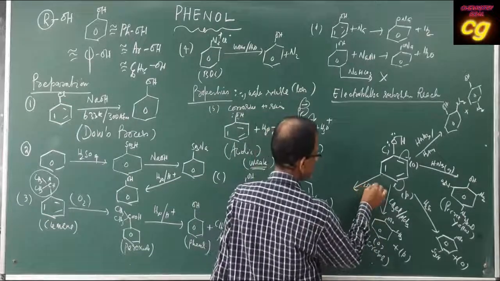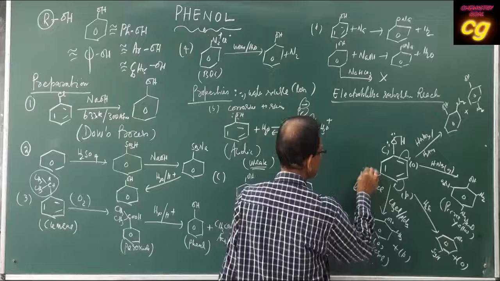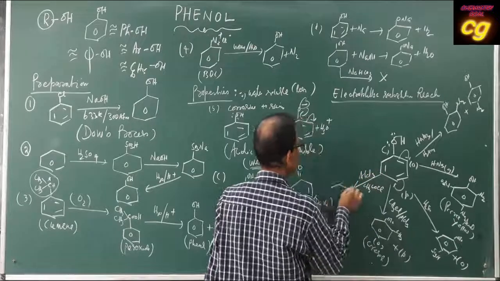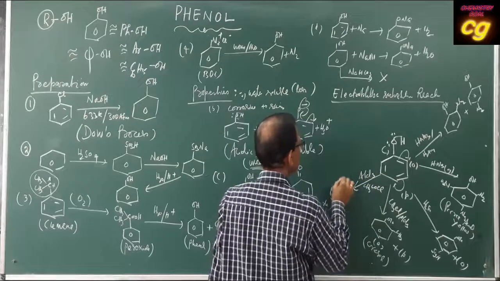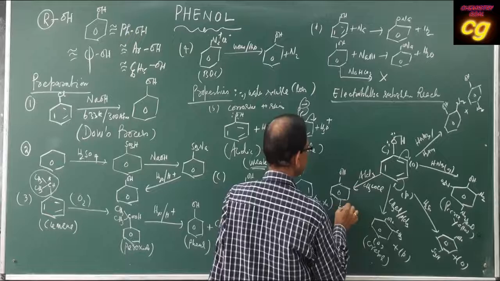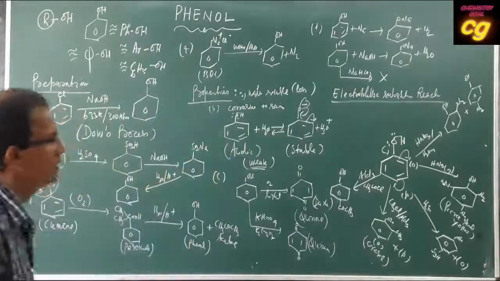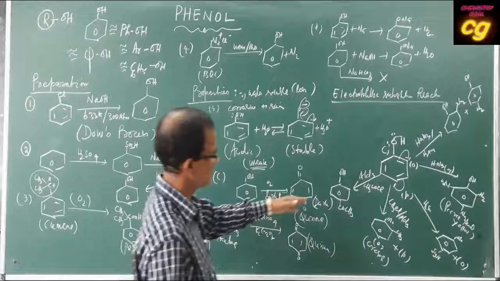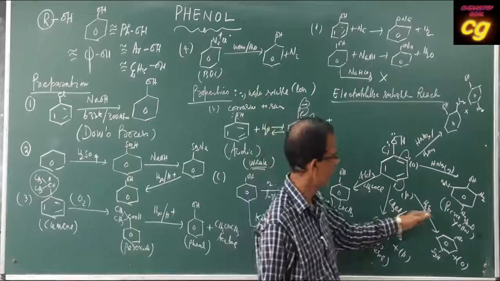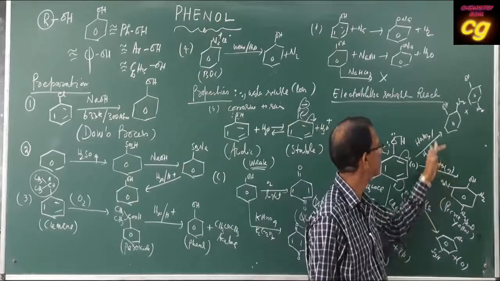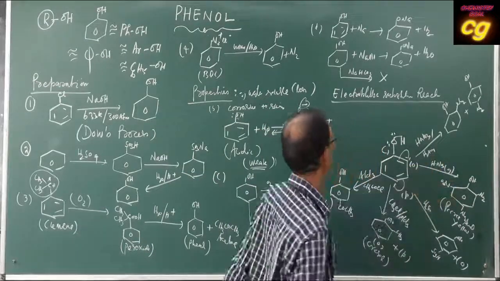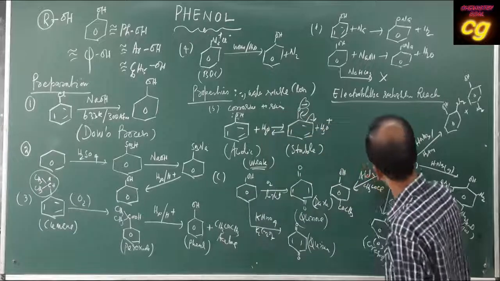If you use CH3COCl in the presence of aluminum chloride, you will get ortho-para substituted phenol. This is very important. That is Friedel-Crafts acylation, alkylation, sulfonation, nitration, then halogenation is also possible.